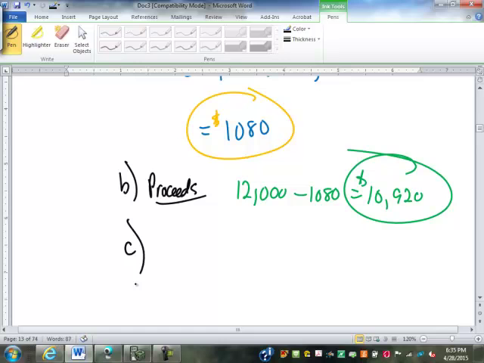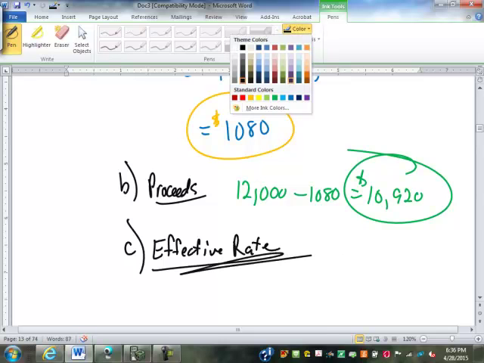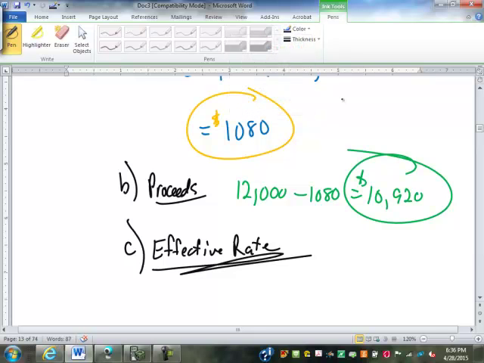And here's the part everybody loves. The effective rate. I'm going to show you a shortcut that we didn't do back when we were doing these like 4 weeks ago.